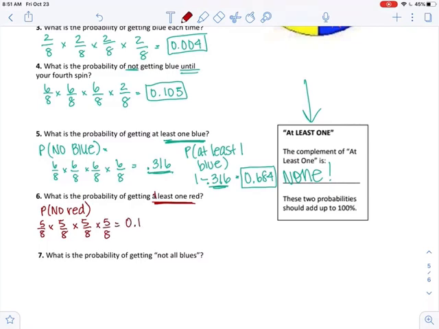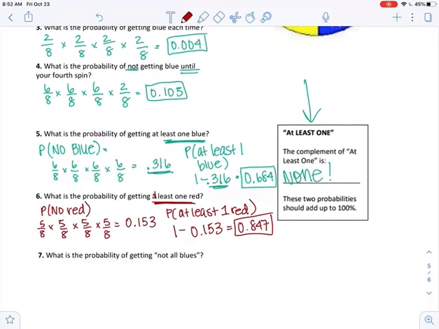And we're going to get 0.153. Remember, for the probability of at least 1, we take 1 and subtract 0.153 to find that probability. When we do that, we get 0.847.